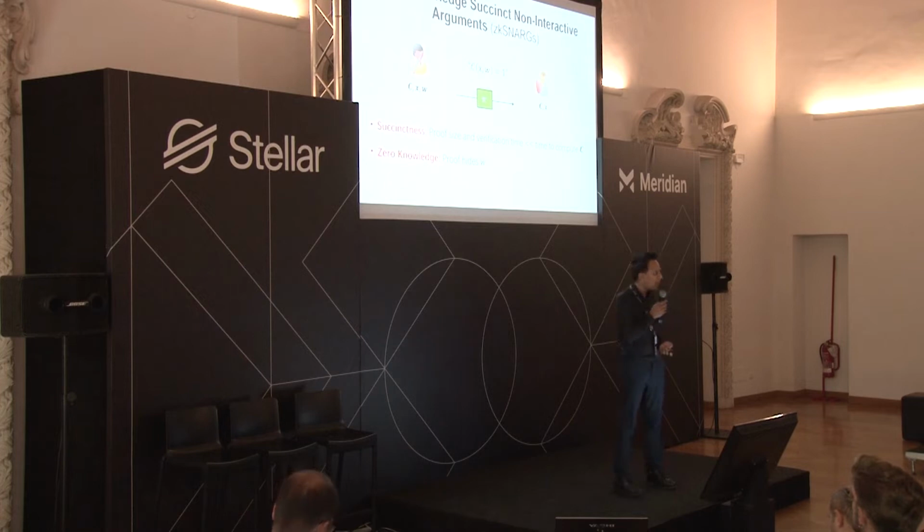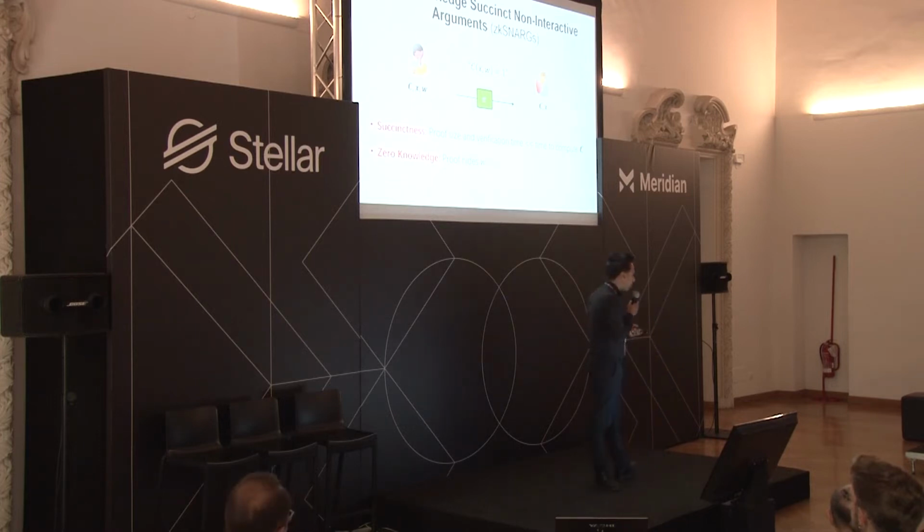We have two parties: a prover who wants to prove a statement to a verifier, by sending him a single message which attests that the statement is indeed true. He may have some public input, and he may also have some private input, or a witness, which could be secret, and he wants to keep it secret from the verifier. And we want the following properties.